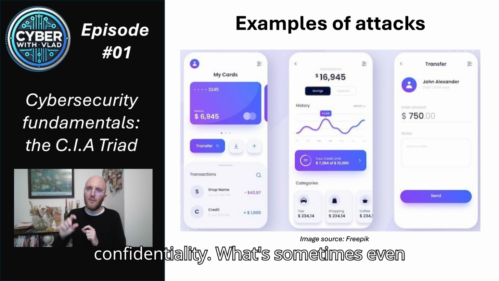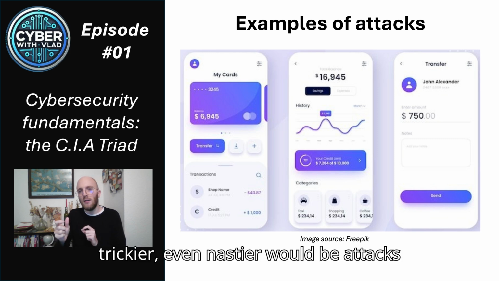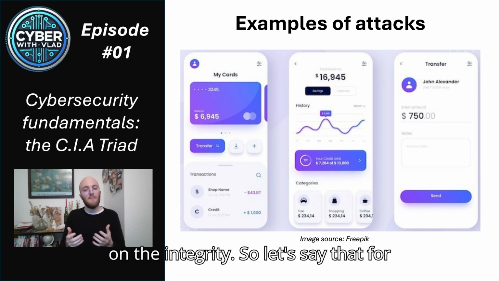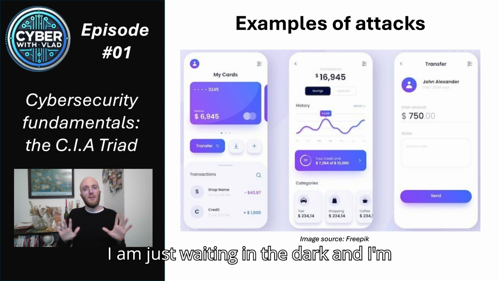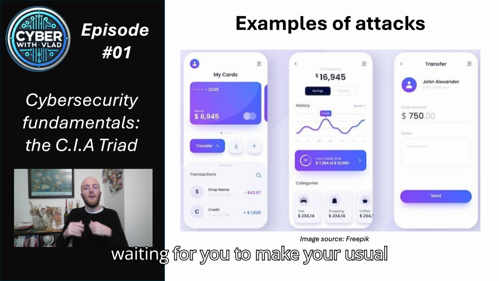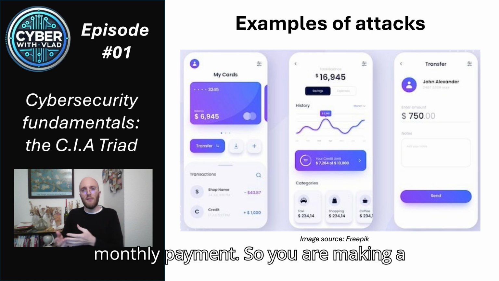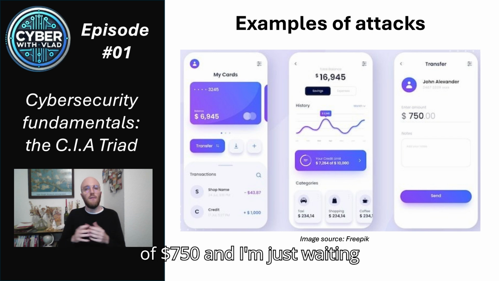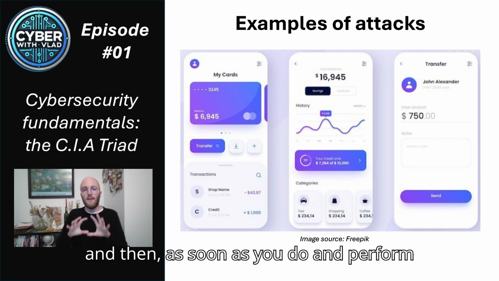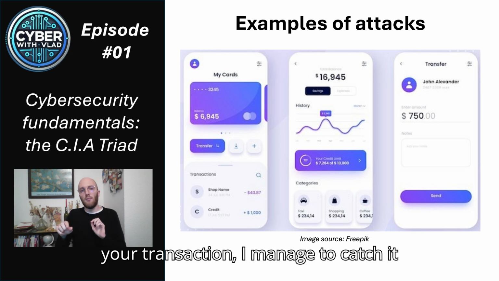What's sometimes even trickier, even nastier, would be attacks on the integrity. Let's say I have compromised your account and I'm just waiting in the dark for you to make your usual monthly payment. You make a transfer, for example, to John Alexander of $750, and as soon as you perform your transaction, I manage to catch it mid-flight.